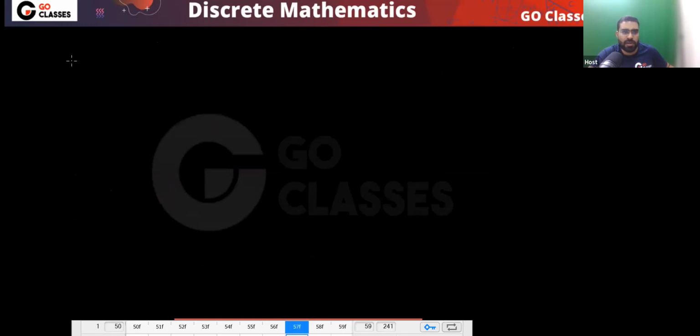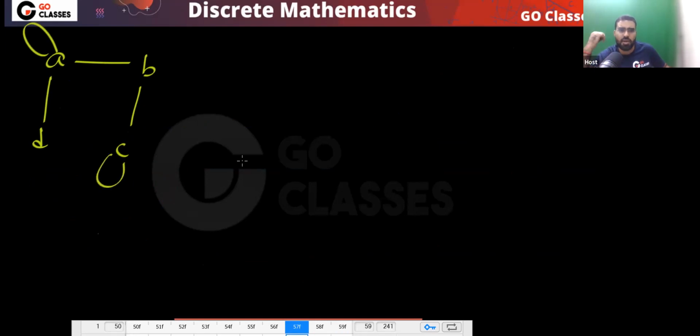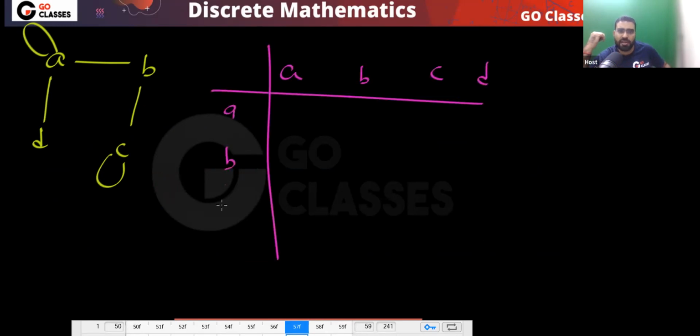For example, let's take this graph: A, B, C, D, with a self loop. In this graph, you can easily see your adjacency matrix. Your adjacency matrix, power 1, this is your adjacency matrix M. What will it give you? It will give you walks of length 1.